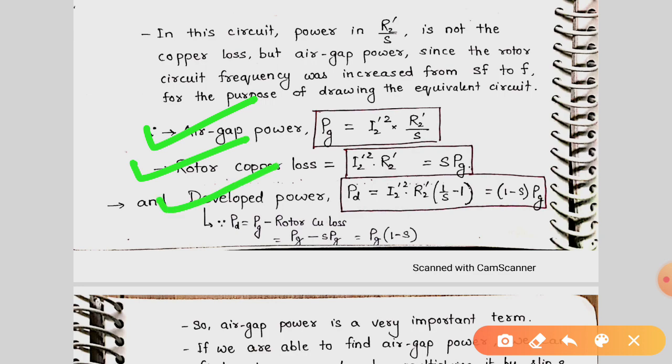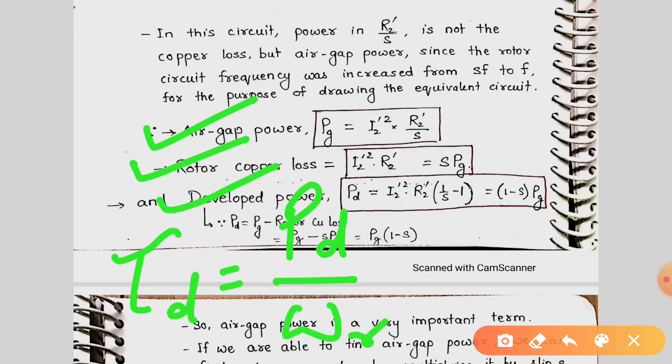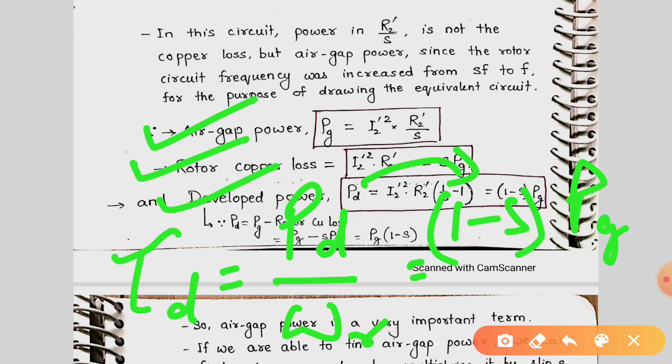And earlier we saw that developed torque was equal to developed power upon omega r, which can also be written as Pd upon omega r. Now we know that Pd is equal to (1 minus S) times of Pg, and omega r is also equal to (1 minus S) times of omega Sm.